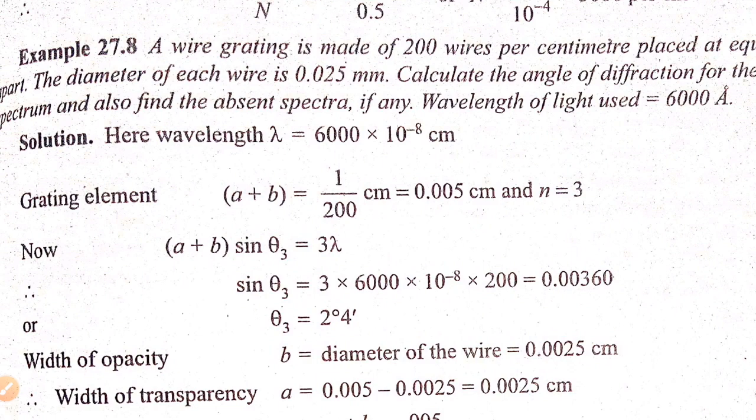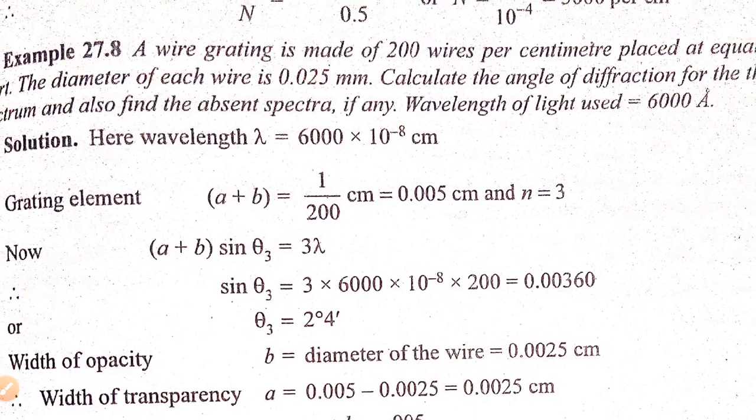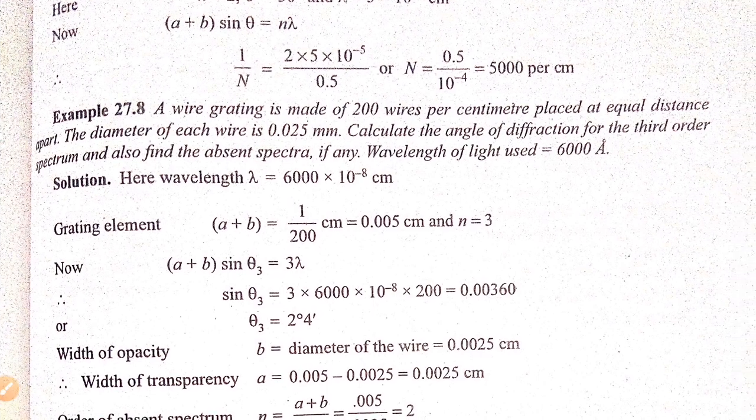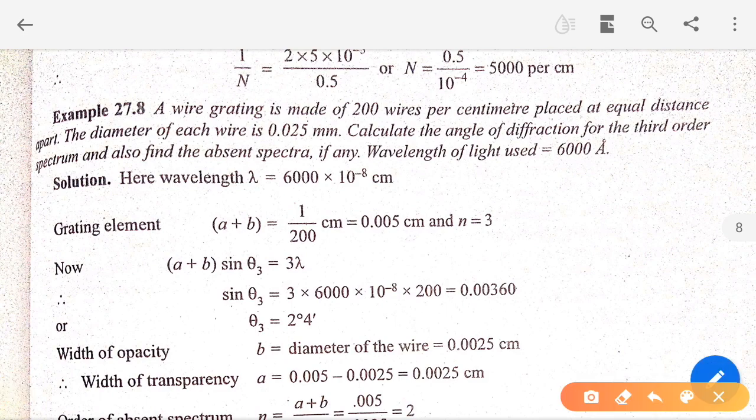A plus b means 1 by n, that is 200 wires means 1 by 200 centimeter, that is 0.005 centimeter, and for third order diffraction n is equal to 3.